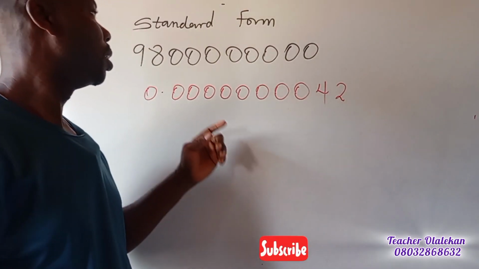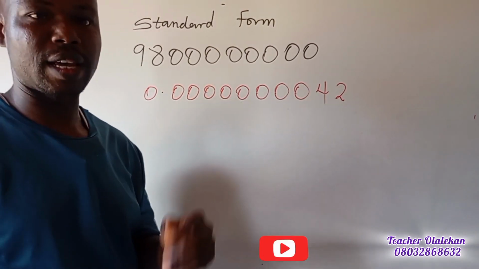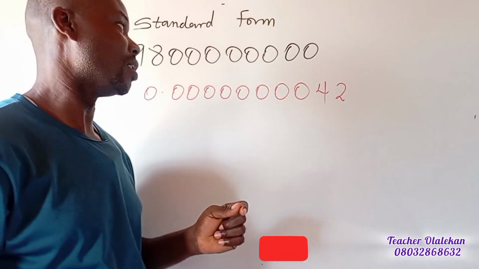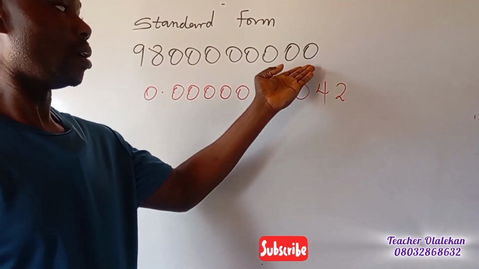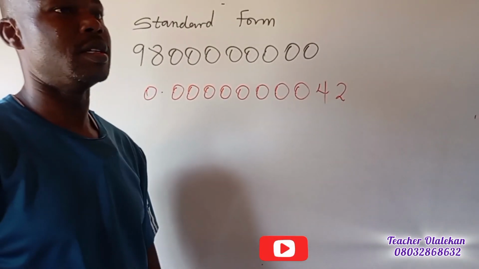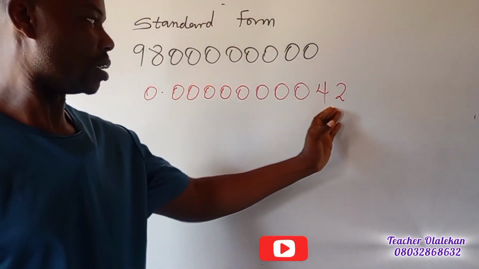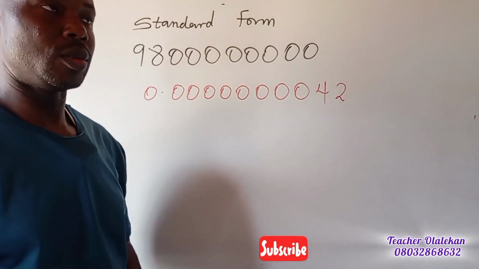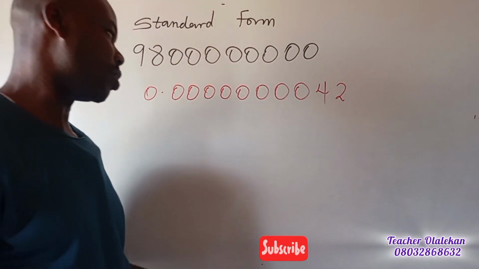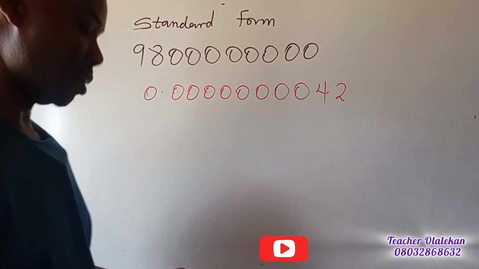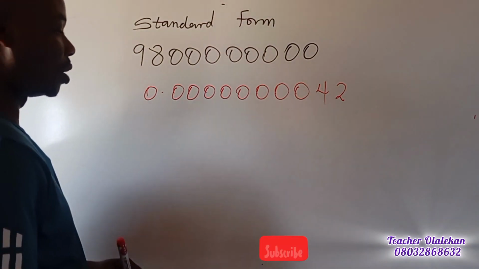So standard form is a scientific notation, a short form of writing a very big figure like this, or a very small figure like this. So instead of writing the figure like this, we use standard form to write it. Standard form is coined around one basic formula, which you can call the rule.